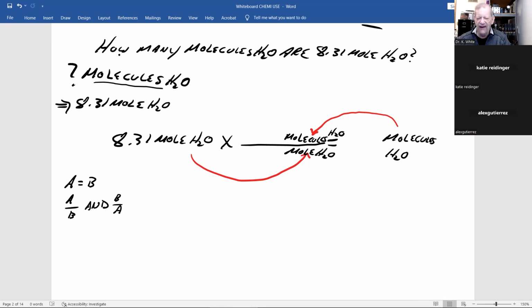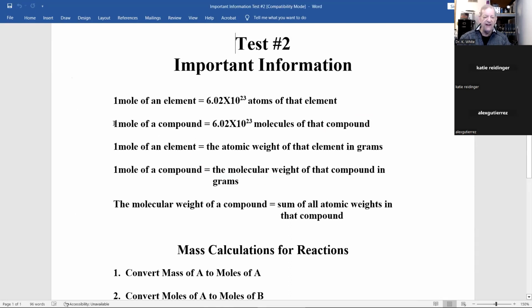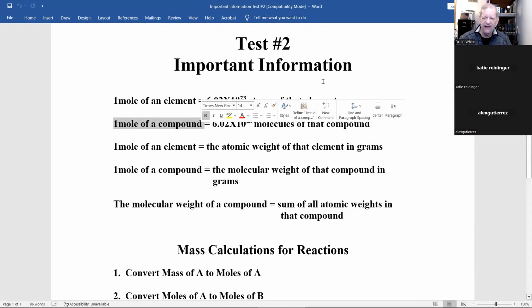So where do I have a relationship of moles of a compound and molecules of a compound? Let's look at important information, test number 2. I'm looking for moles of a compound, water, to molecules of a compound.